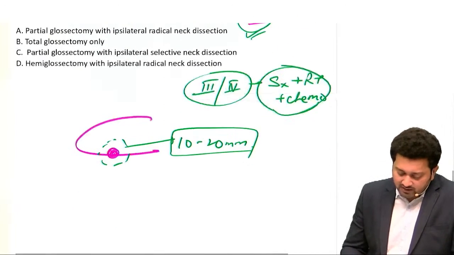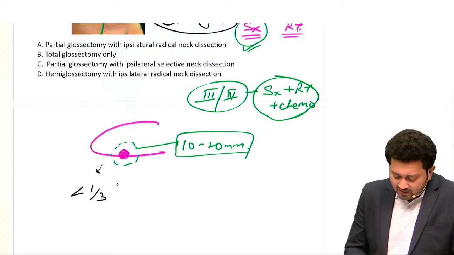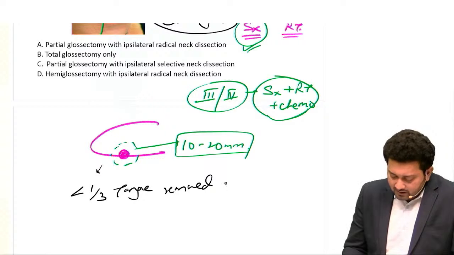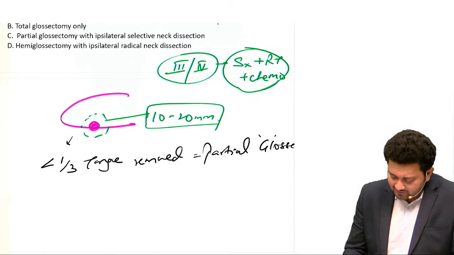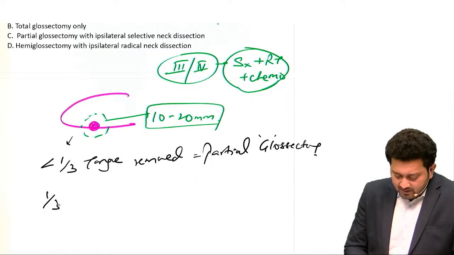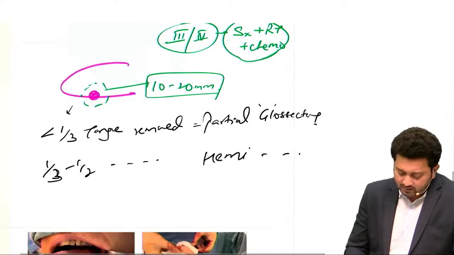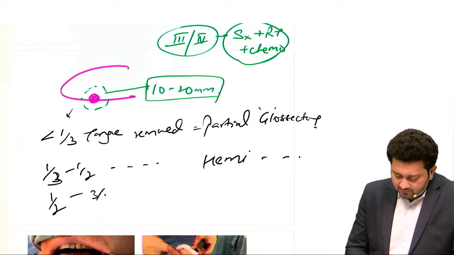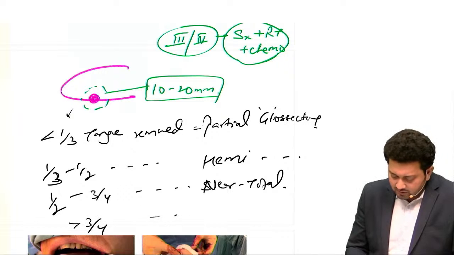So after removing this, if less than 1/3 of the tongue is removed, it is known as partial glossectomy. 1/3 to half of the tongue removed, hemiglossectomy. Half to 3/4, near total. More than 3/4, total.